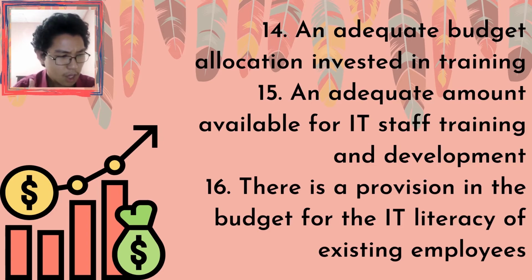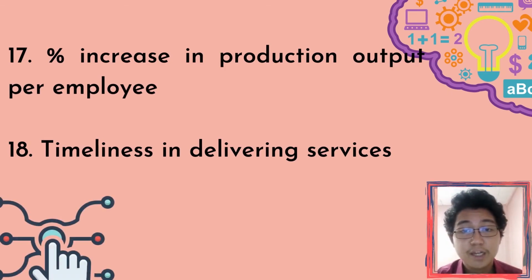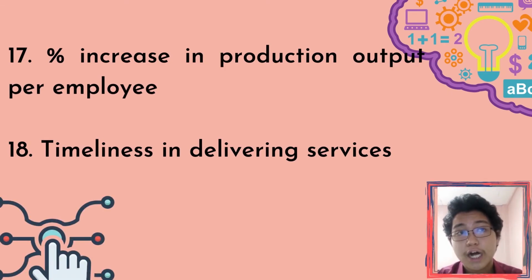So we must also keep in mind how experienced or knowledgeable our staff or personnel are with using a particular technology before we can implement that in our organization. Next, there must be a percentage increase in the production output per employee.